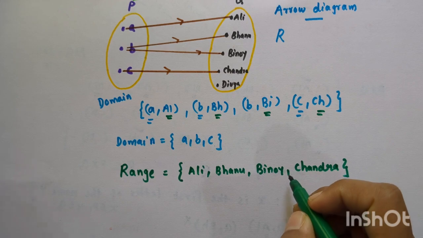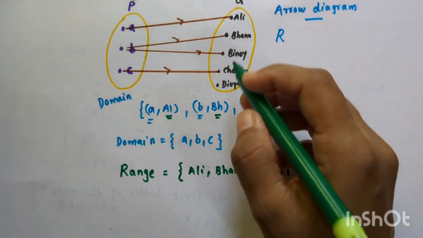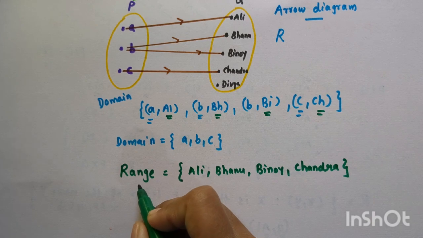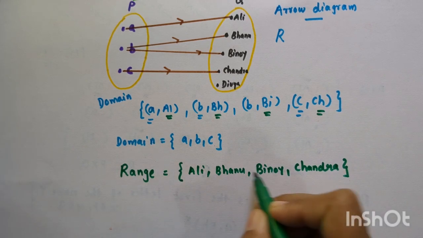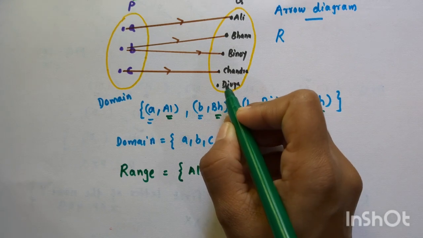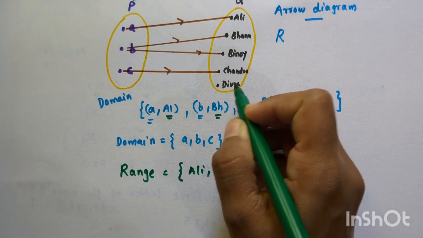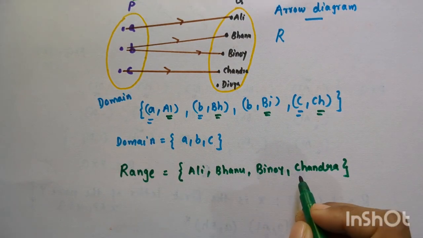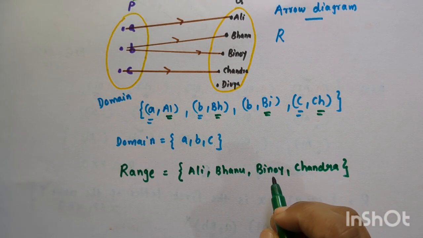We had Divya also in set Q, but we didn't write it in the range, because Divya is not there in the relation. So the range will have only these elements.